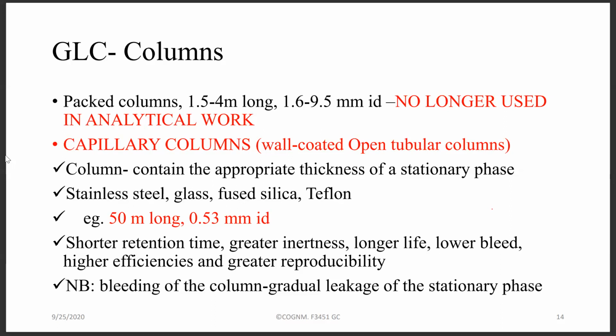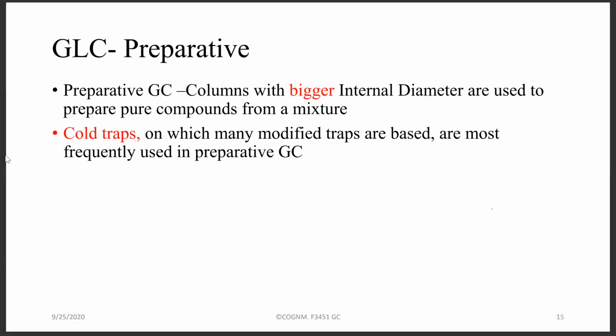When we talk about bleeding, as we said, lower bleed is basically what comes from the stationary phase. So the stationary phase can be used more times and for a long time.